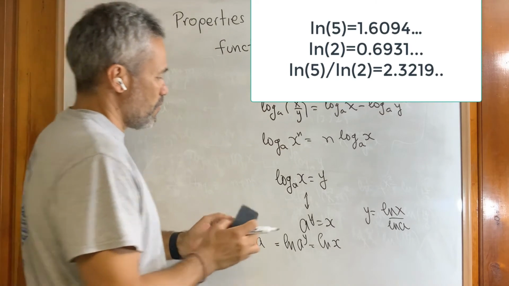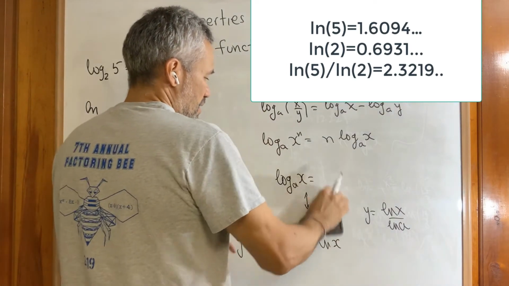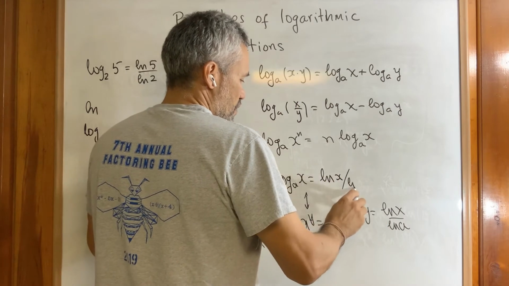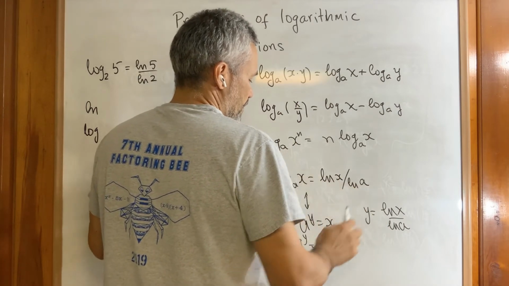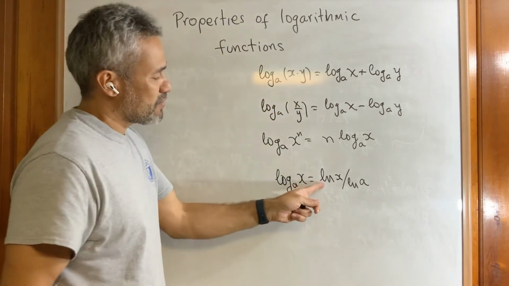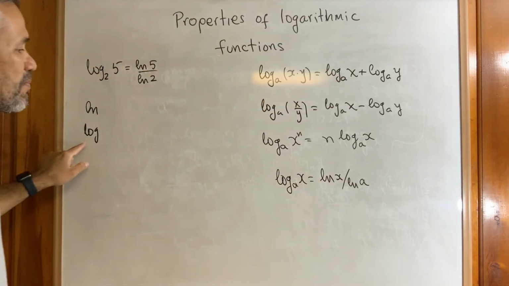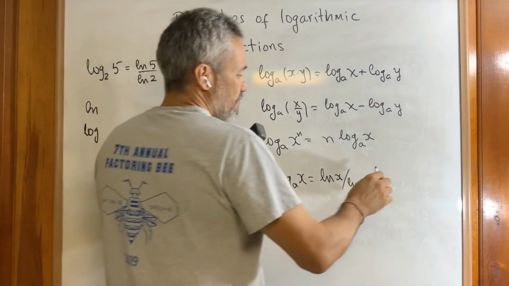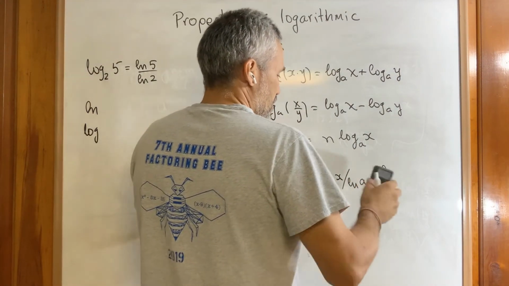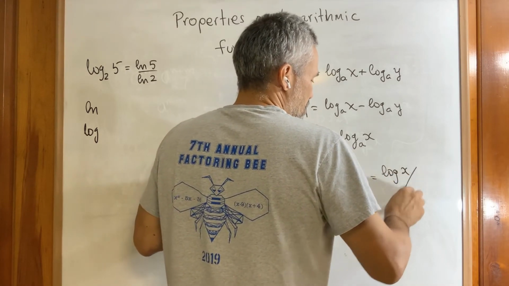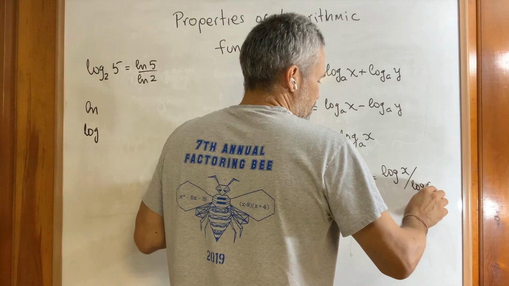And in general, we have that y is natural log of x over natural log of a. We could have used, instead of natural log, log in base 10. And then we would have gotten the formula log in base 10 of x over log in base 10 of a.